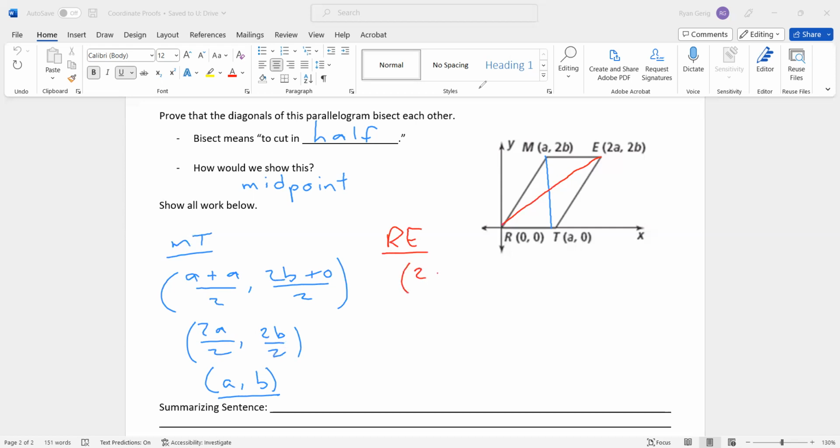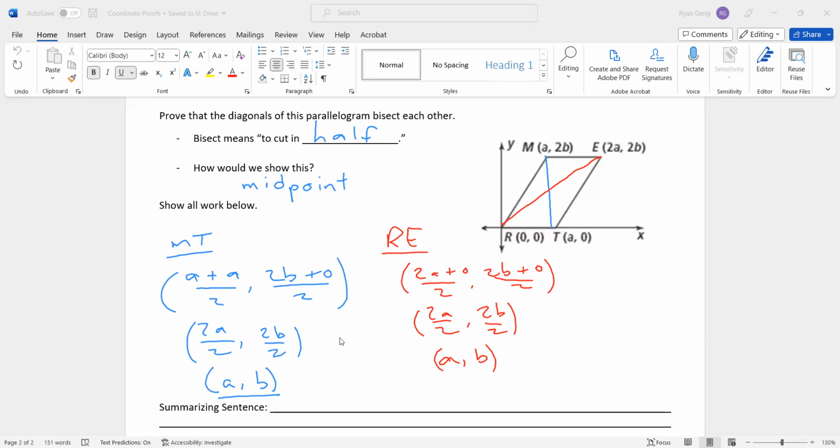Well, 2A plus 0 divided by 2, 2B plus 0 divided by 2. I get 2A over 2 and 2B over 2. And I get the 2's canceling, so I get A comma B. So the midpoint of RE is A comma B, which is the same as the midpoint of MT.